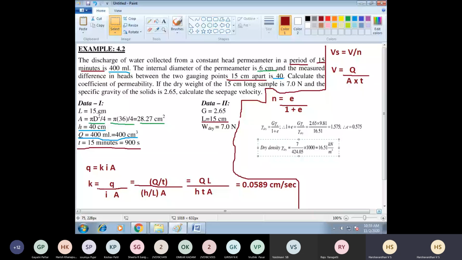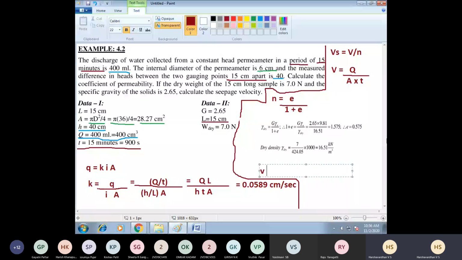So volume will be equal to area into length. Area is 28.27 centimeter square and length is 15.